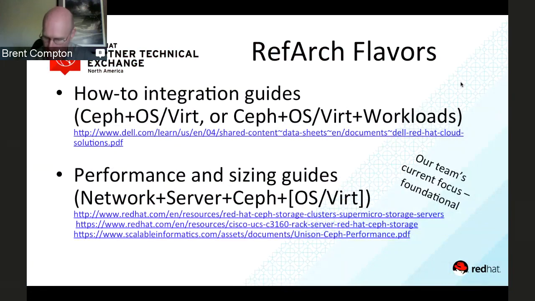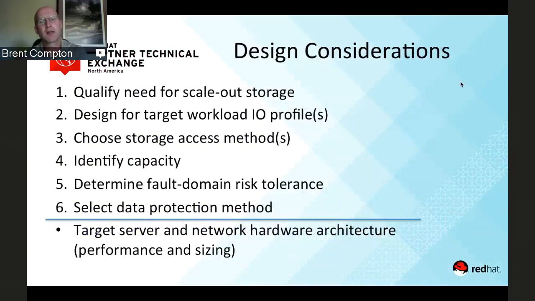Okay, so back to talking about our considerations for these reference architectures. Performance and sizing guides are where most of our work is. Here are 3 links illustrating some recent work. Here are some design considerations that we focus on as we structure these reference architectures. I'm going to focus on a couple of these, and in particular, it'll be a conversation between Kyle and myself.